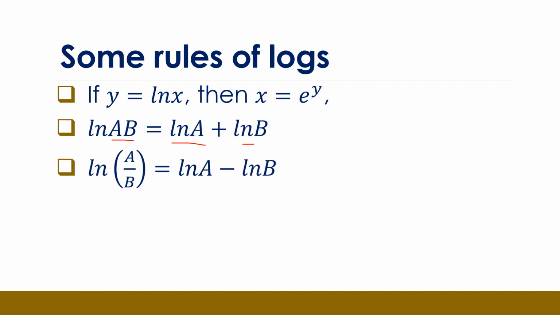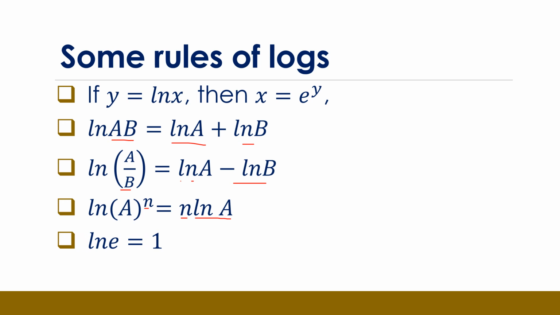The logarithm of a quotient is simply equal to the difference between the logarithms. The logarithm of a number a raised to power n is simply equal to n times the logarithm of a.